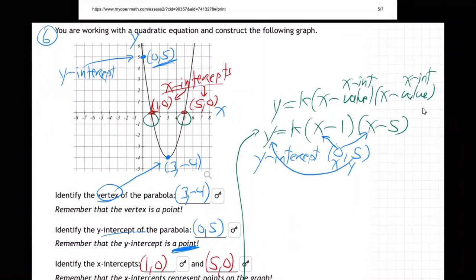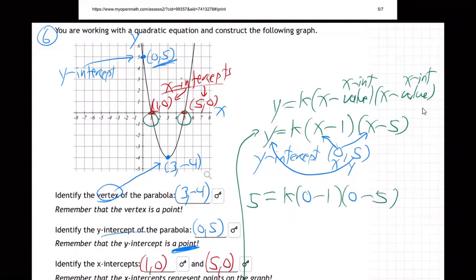You get 5 equals k, x minus, and we're plugging in what for x? That was terrible. Try that again. Okay, so for x, which is 0, 0 minus 1, 0 minus 5.